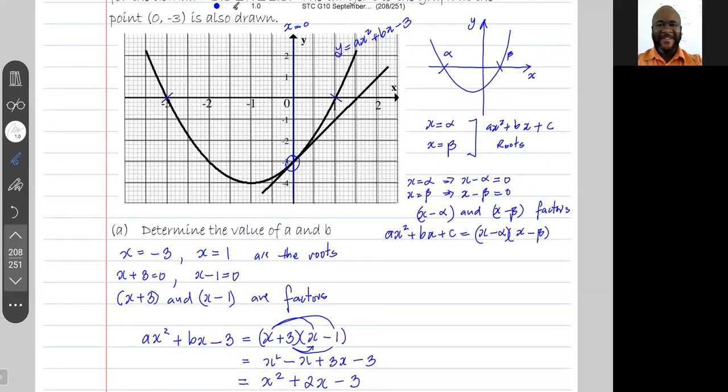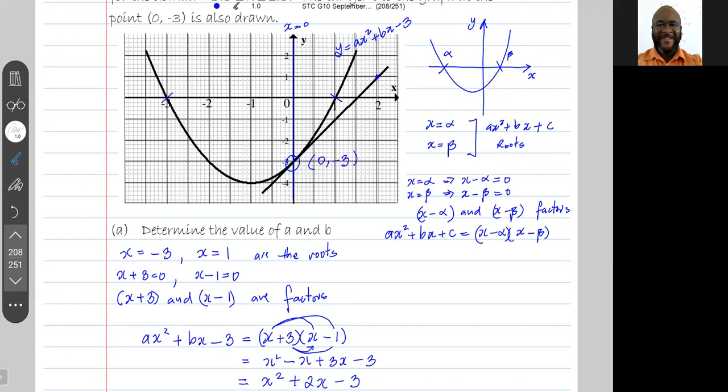Earlier, I said, guys, you cannot directly determine the gradient of the point. What you have to do is to determine the gradient of the tangent, because the gradient of the tangent is equal to the gradient of the curve. The tangent is already drawn, so I need to know 2 points on the tangent. All right, here's a point. This point is on the tangent. This is the point 0, minus 3.